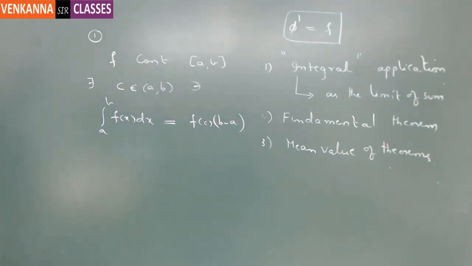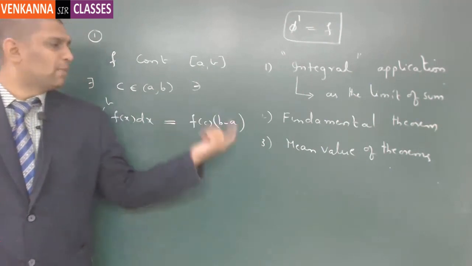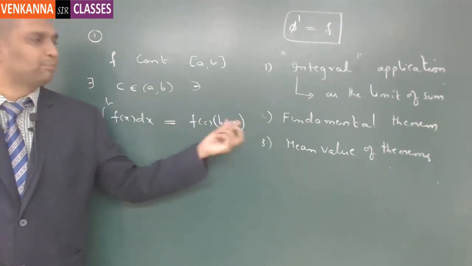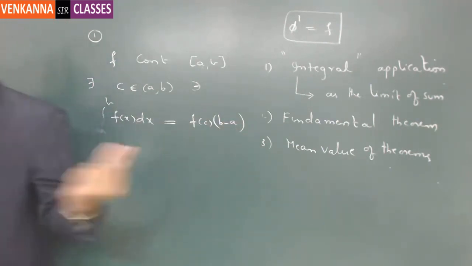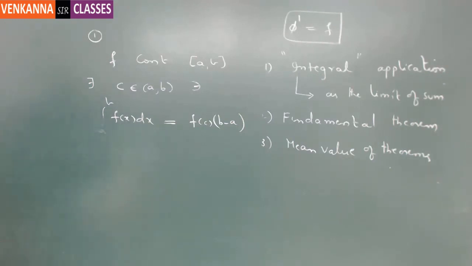So this theorem gives the result that always the integration of the function is nothing but a multiple of the length of the interval b minus a into something. B minus a is nothing but length of the interval. So it is called mean value theorem.